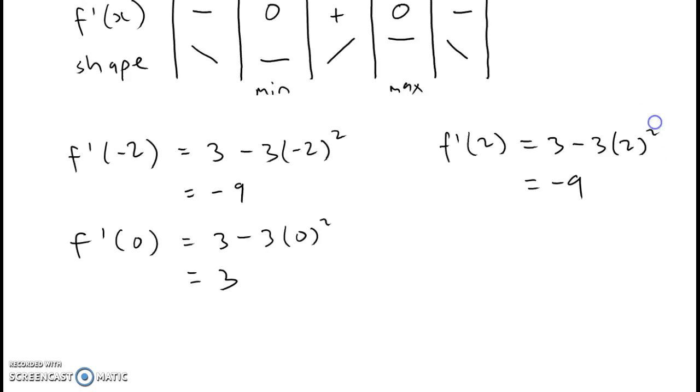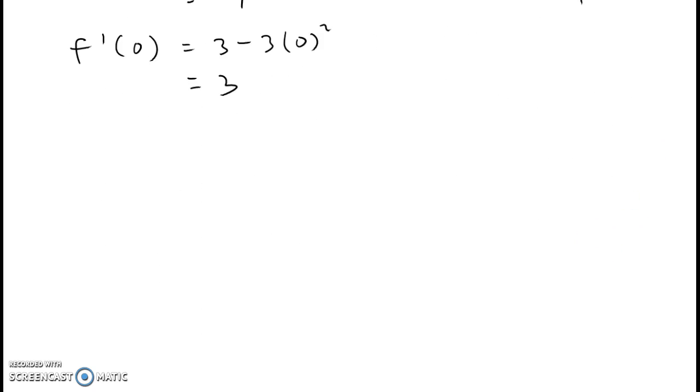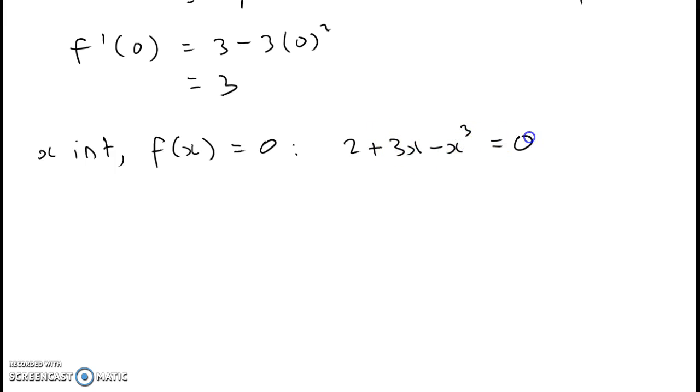Alrighty, so we've nearly got everything we need to sketch this, but the final thing we need is the intercept. So if I take the x-intercept, we just let y equal 0, or in our case, we're given it in function notation, so we're trying to solve f of x equal to 0, so we'll get 2 plus 3x minus x cubed equals 0.